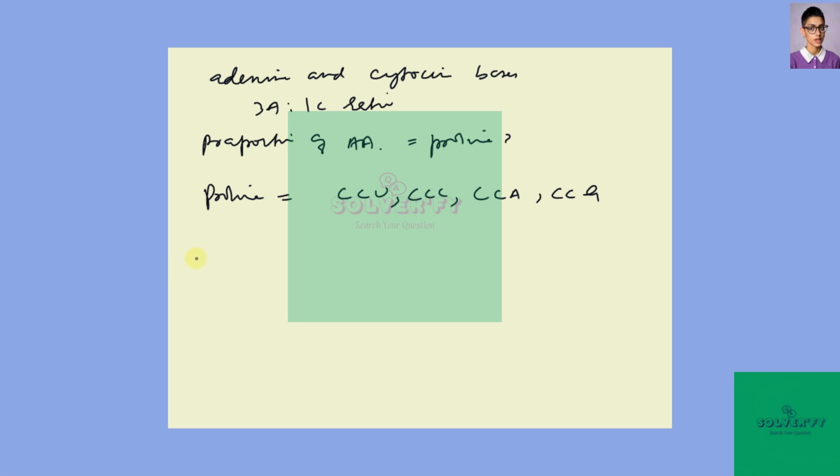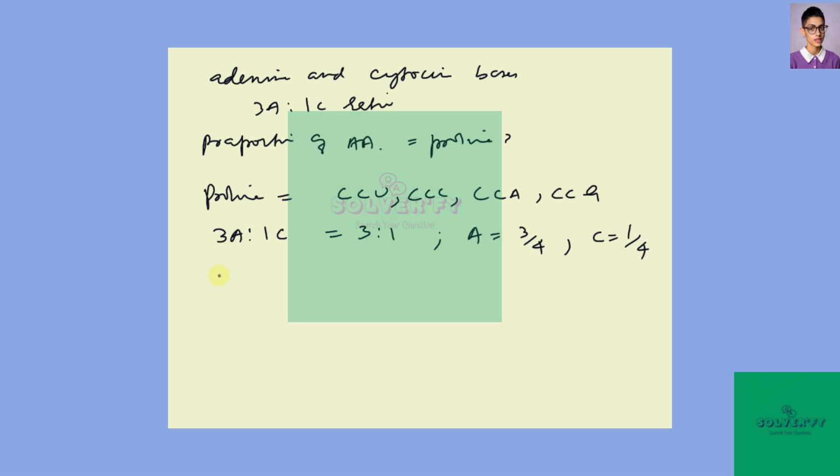Since the ratio is 3A to 1C, or we can say a 3 to 1 ratio, the probability of A is 3 by 4 and C is 1 by 4.